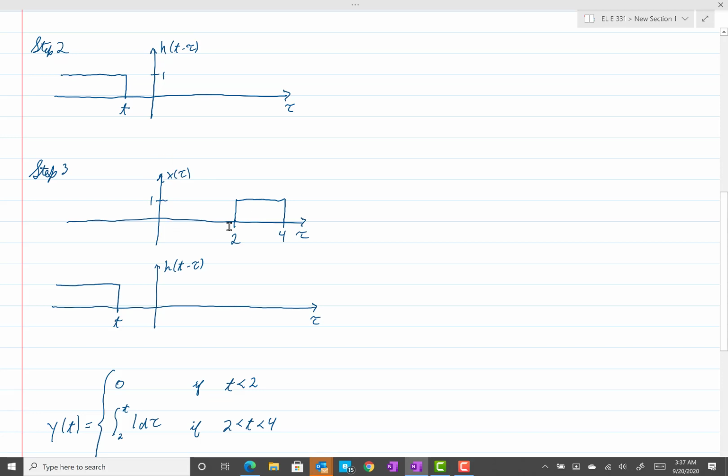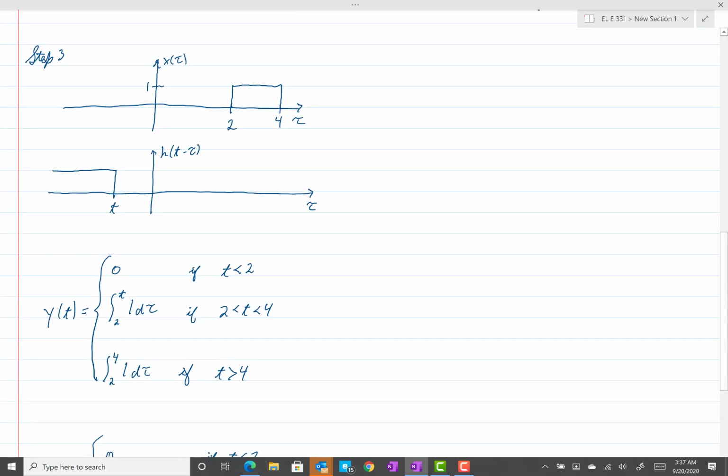So here's our graph for x of tau, and here's our graph for h of t minus tau. And you can see that as we increase t, there's not going to be any overlap as long as t is less than 2.